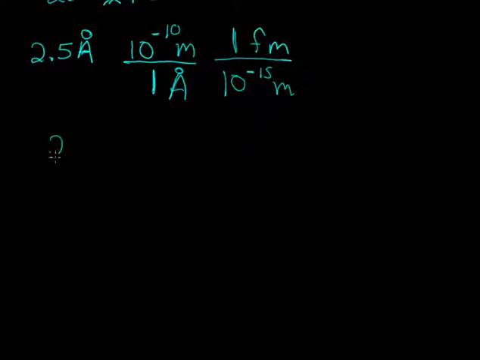And so I have 2.5 times 10. Well, let's see, I have a negative 15 on the bottom. It's going to come up as a positive 15. So 10 to the 5th, about 250,000 femtometers. I apologize, femtometers. So there's 250,000 femtometers in an angstrom.